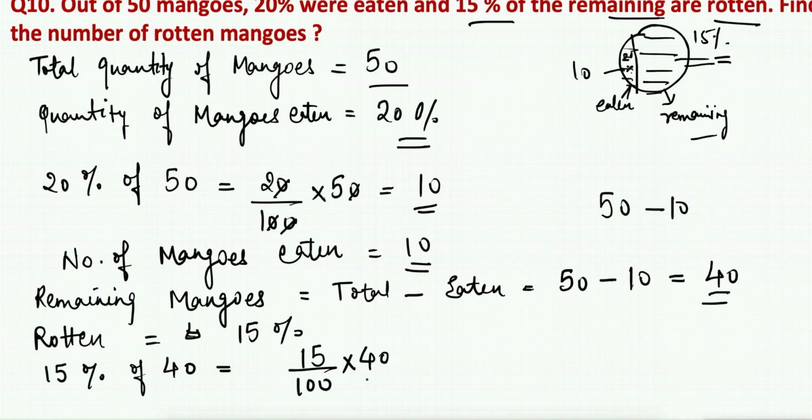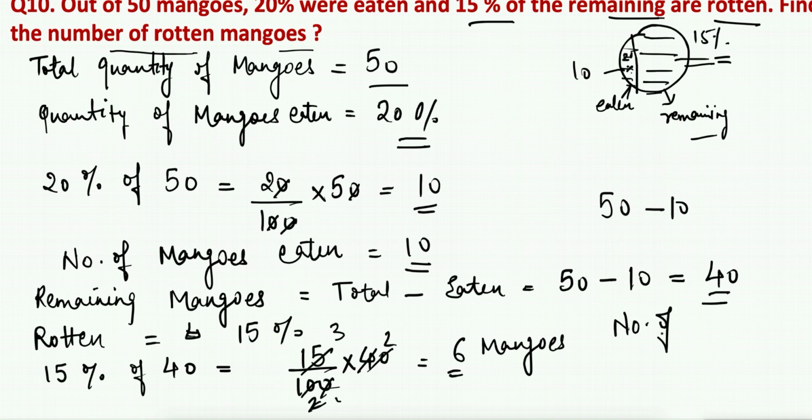So this will come to 2 by, this is 3, 2, comes to 6 mangoes. So question is, find the number of rotten mangoes. So the number of rotten mangoes are 6. So the 15% of the remaining were rotten, which comes to 6 here.